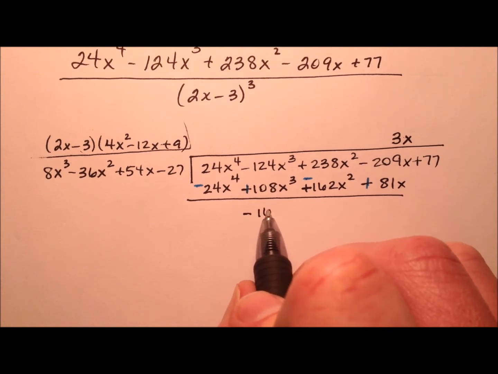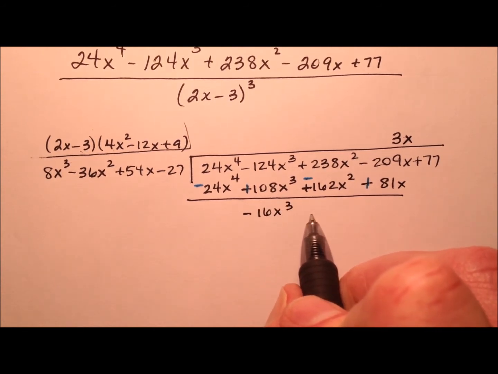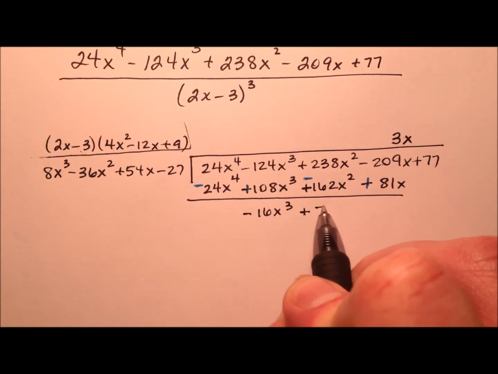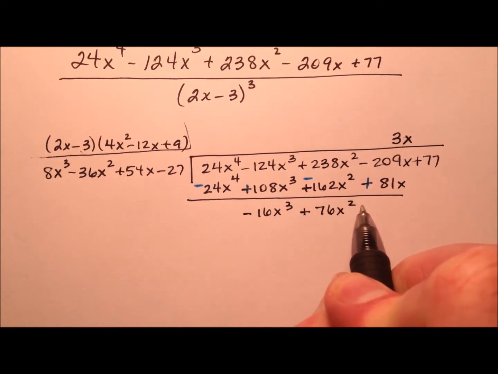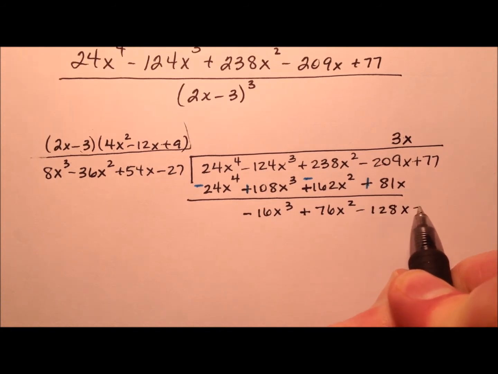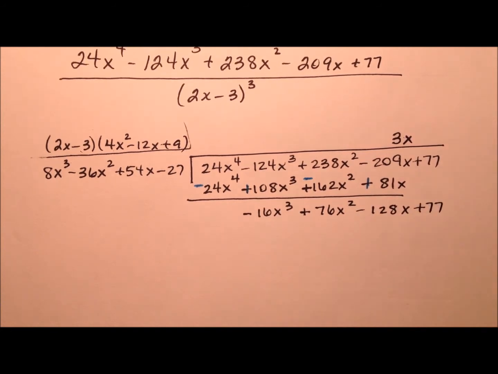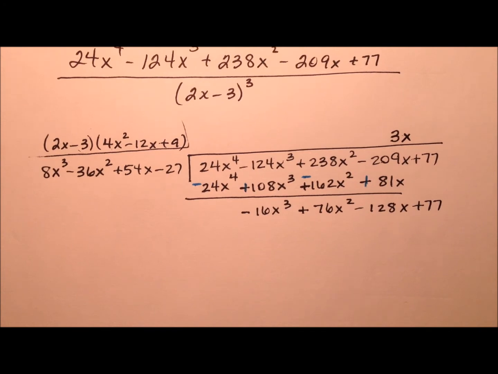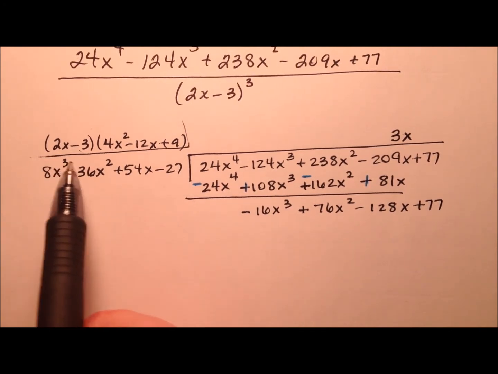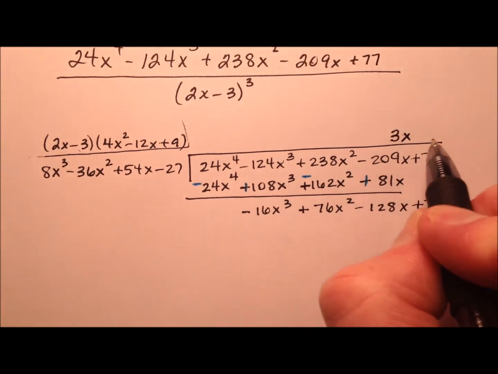So negative 16x cubed, when I combine those, looks like a positive 76x squared, a minus 128x, and then the 77 comes along for the ride. And let's do this one more time. So what do I need to multiply by 8x cubed to make negative 16x cubed?